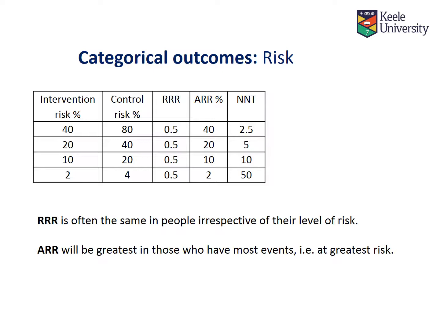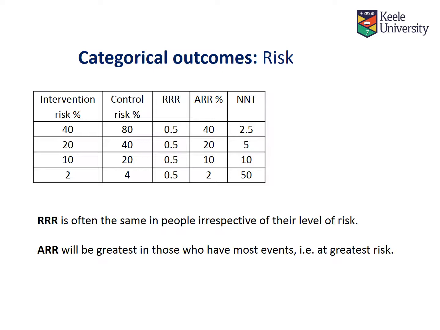Now, the second row, you've got the intervention risk. If we just said it is 20 and the risk in the control group is 40, the relative risk reduction is 0.5 again. And the same, if you go to the third row, you've got the intervention risk is 10. The control risk is 20.